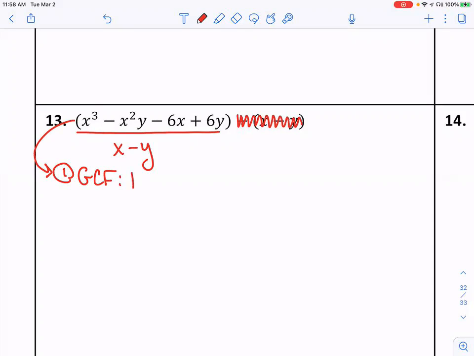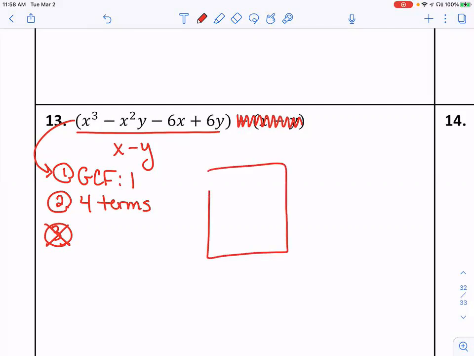Okay, so it literally does nothing. Now step 2. Can I find A, B, and C? Nope, because this is 4 terms. Good. I don't need to do step 3. I just go straight to the box.